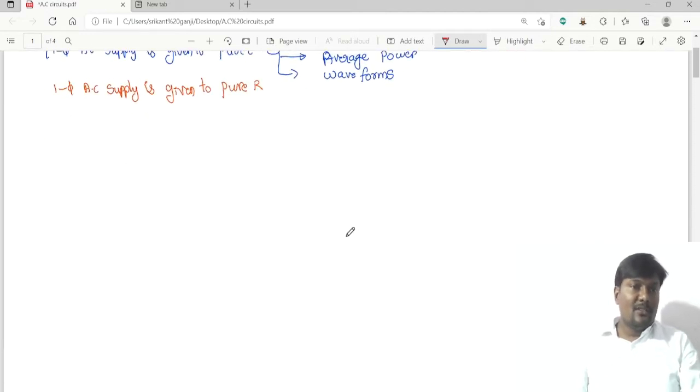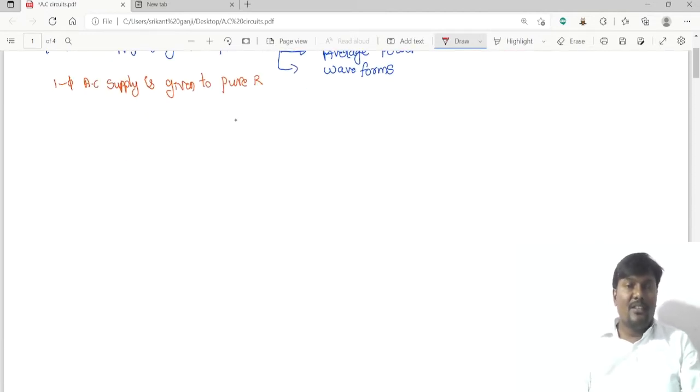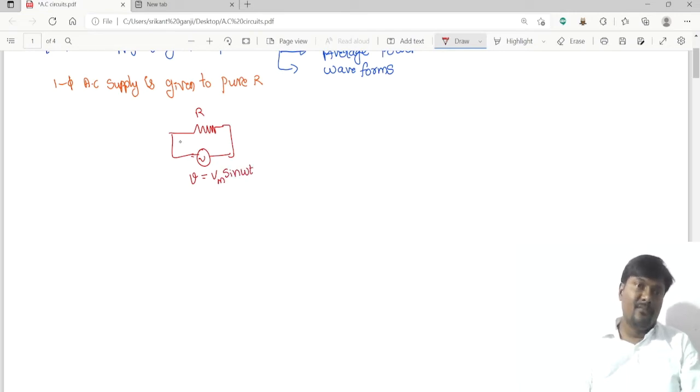So coming to the first one, a single phase AC supply is given to a pure resistor. Here a sinusoidal voltage is given. The instantaneous value of the voltage is V equal to V max sin omega t. Then the current will flow through the resistor.